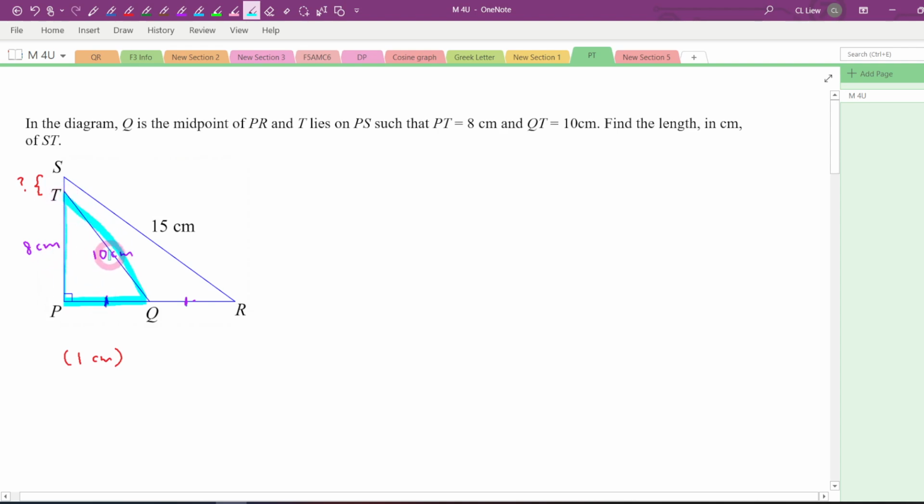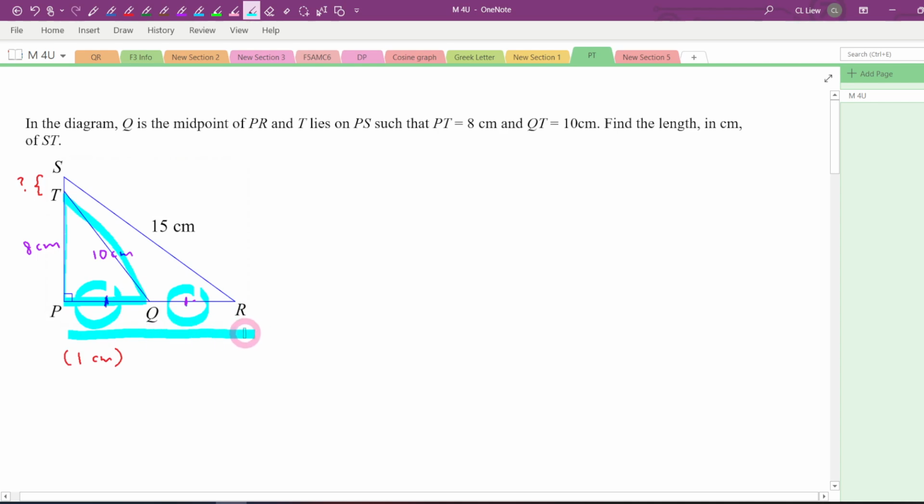So we have the lengths of these two sides of this triangle. If we use Pythagoras' Theorem, we should be able to get PQ, right? Since Q is the midpoint of PR, if we have the length here, we will be able to get the length here as well, because these two sides, P to Q and Q to R, are equal in length.